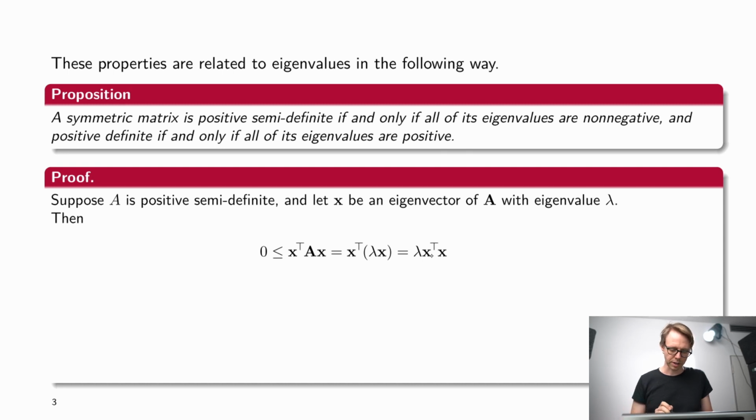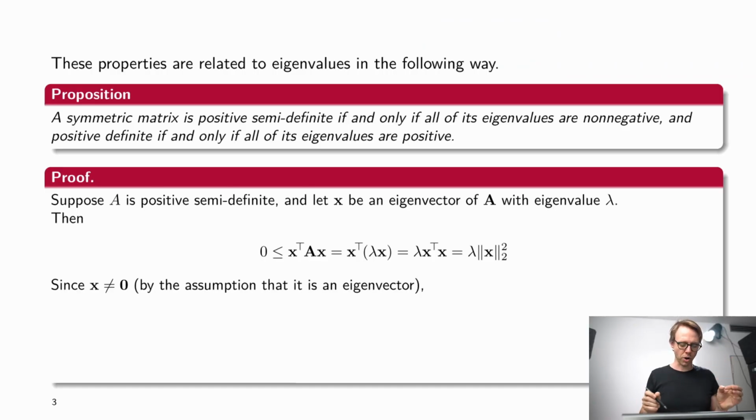Now if we pull out lambda, we get lambda times the inner product of x with itself, which is lambda times the squared L2 norm of x.